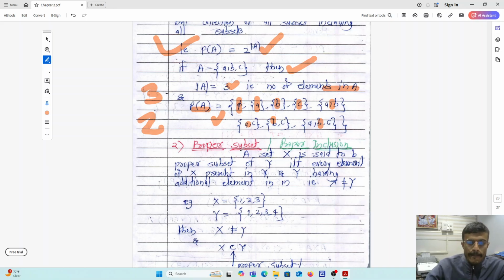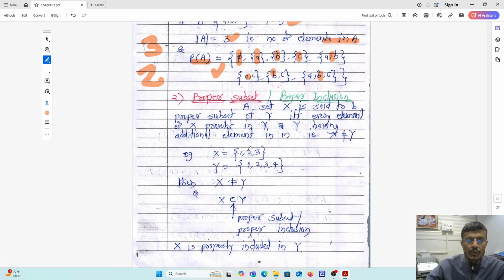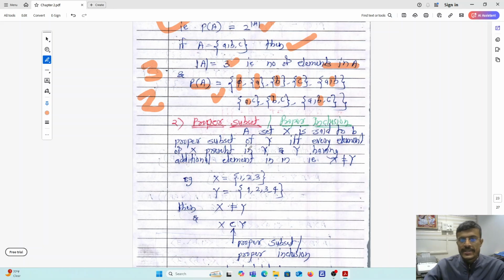Then what is meant by proper subset or proper inclusion? A set X is said to be a proper subset of Y if and only if every element of X is present in Y and Y has an additional element in it. That is, X is not equal to Y. So you can see here X is equal to {1, 2, 3}, Y is equal to {1, 2, 3, 4}.